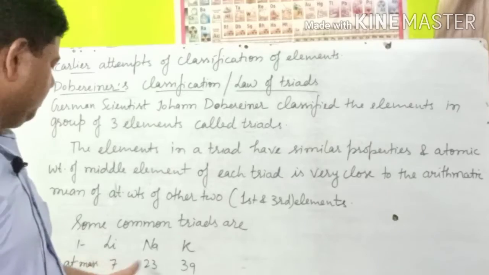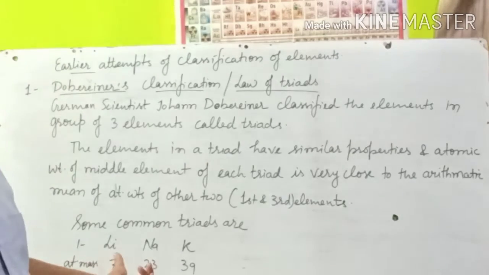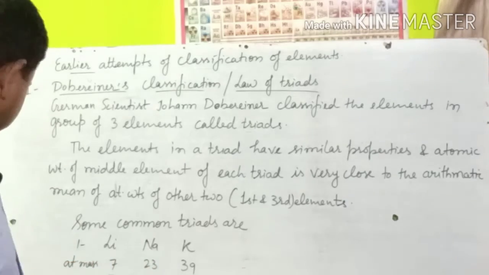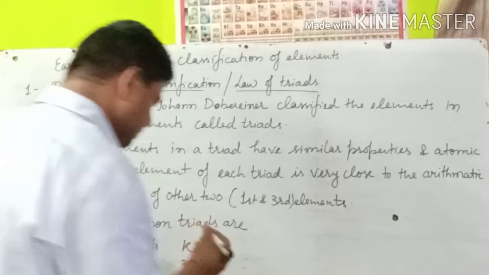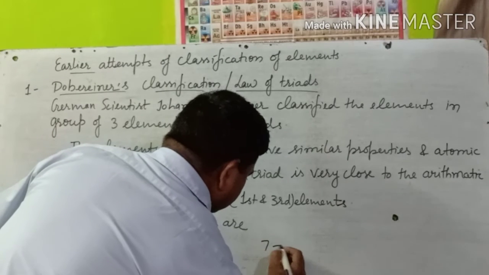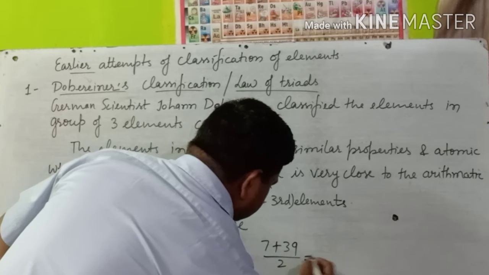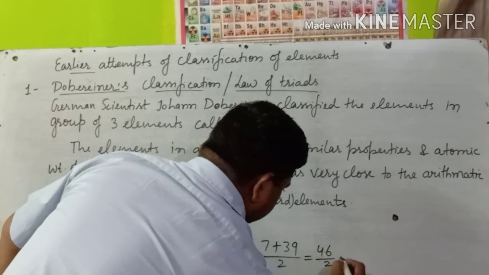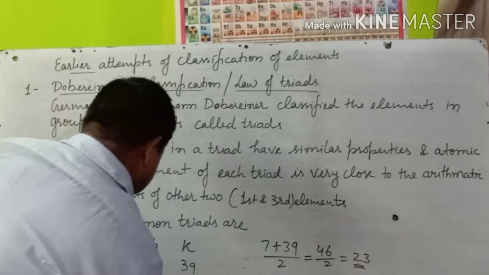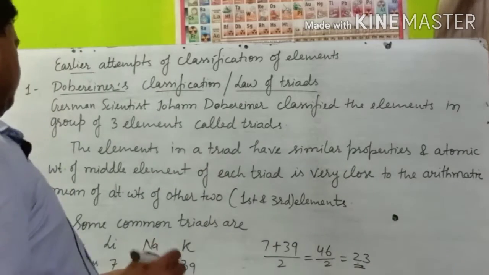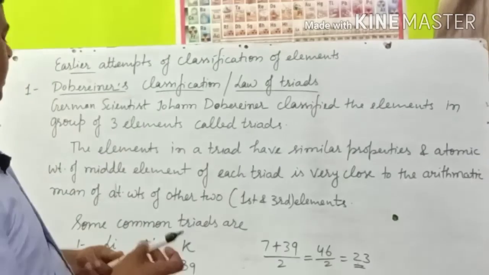The arithmetic mean of the atomic masses of these two is calculated as 7 plus 39 divided by 2, that is 46 upon 2, that is 23, and this 23 is equal to the atomic mass of sodium. So the statement is clear here.